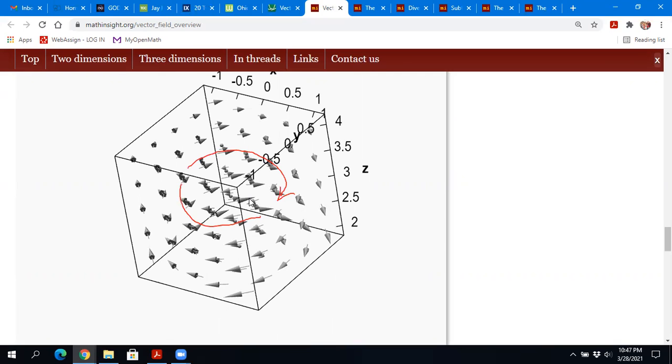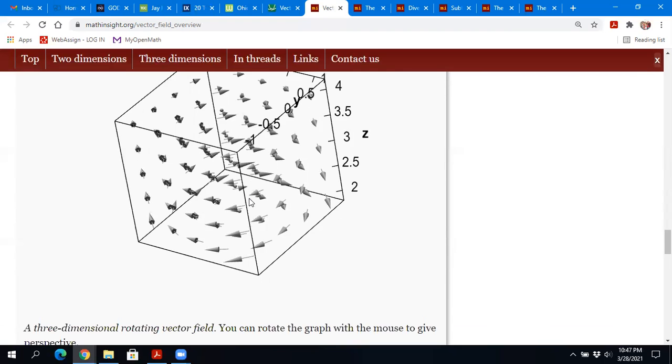And I should be careful. Curl is not measuring swirling tendencies on a large macroscopic level, but swirling tendencies at a point, an infinitesimally small point, okay? So it's microscopic tendencies, not macroscopic tendencies. Same with the divergence or the contraction or expansion of fluids, okay?